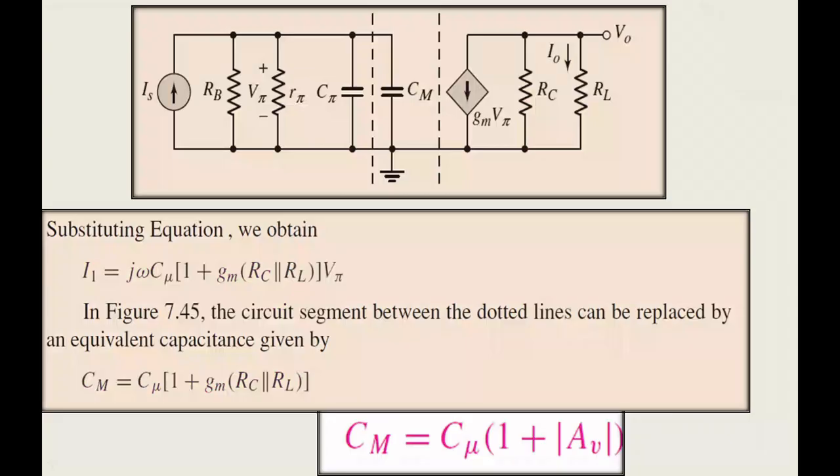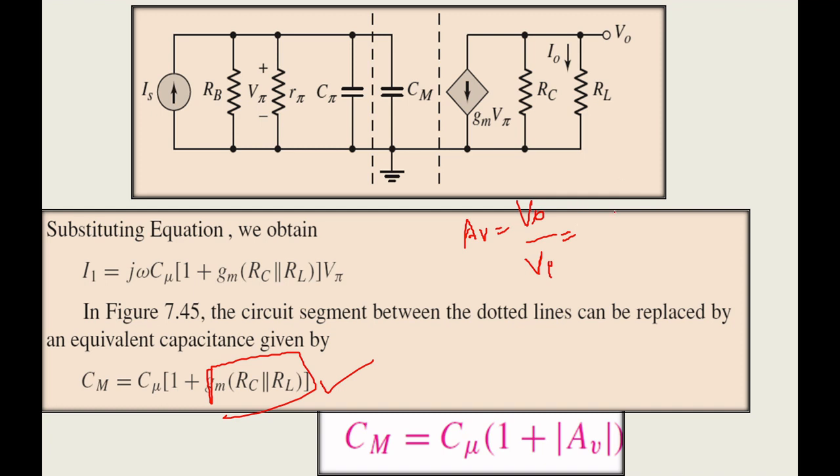Further I am going to rewrite this equation. So you got it like this, right? I'm going to write this as AV. You know already, AV equals V naught by V pi.